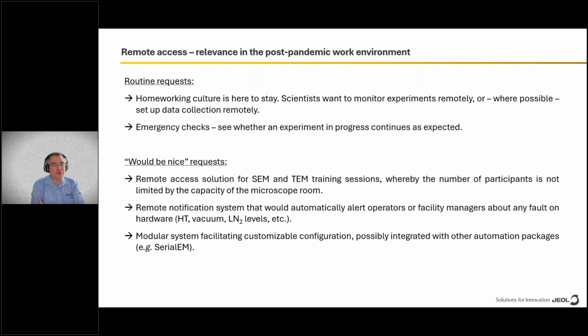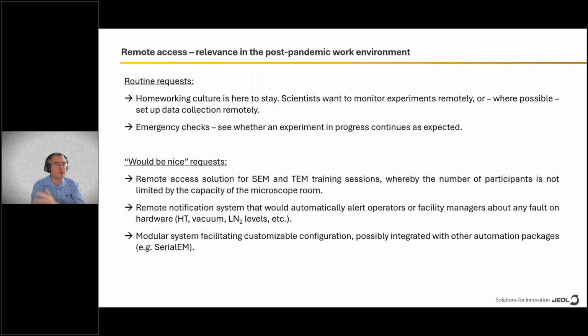That situation highlights that being able to get to a microscope remotely is one thing, but we also need tools that allow us to check the status of the instrument remotely and also to control the instrument.